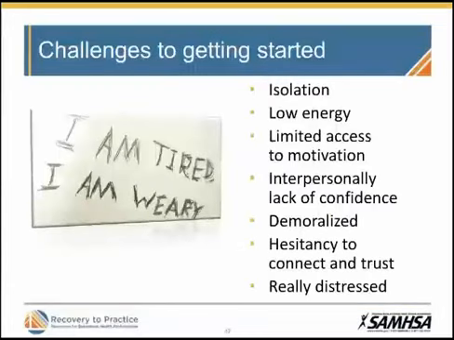So if you think about just yourself, your own experience, and when you're feeling at the point where you have the least amount of energy, or where you're the most frustrated, or where you're having a really hard time moving forward, these are some of the things that we often run into.